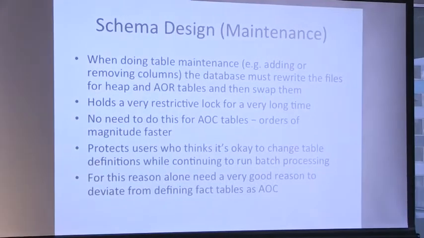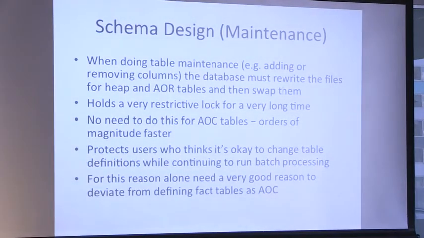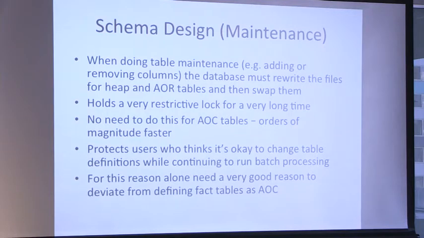So there's another primary consideration when we take a look at the storage model for these tables, and that is maintenance. When you're doing table maintenance, for instance, adding or removing a column, for heap and append optimized row tables, what the database is actually doing on the back end is creating a copy of the table, and then swapping the files out between the copy and the original table.